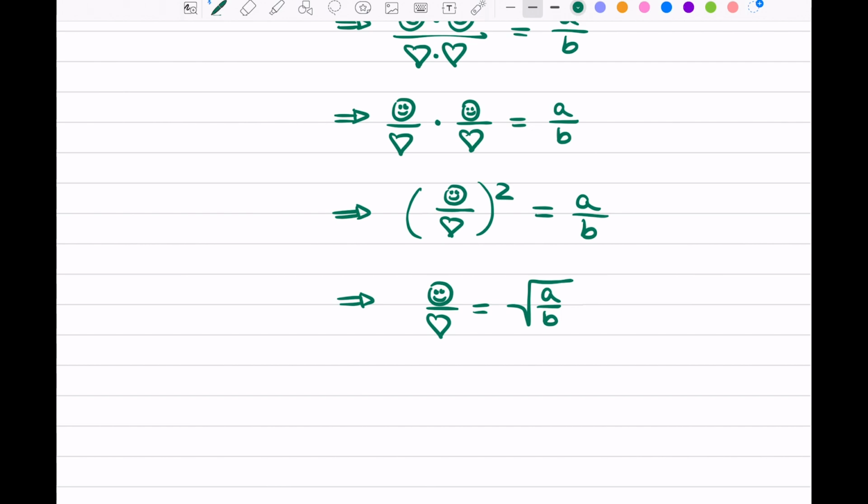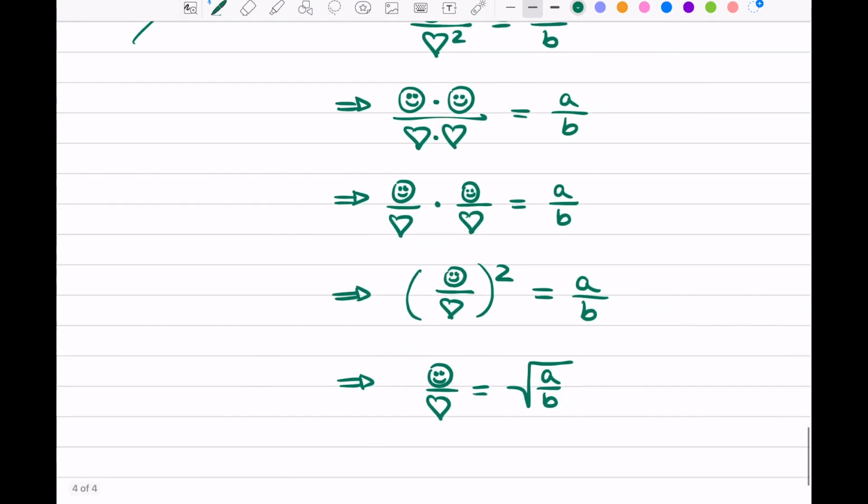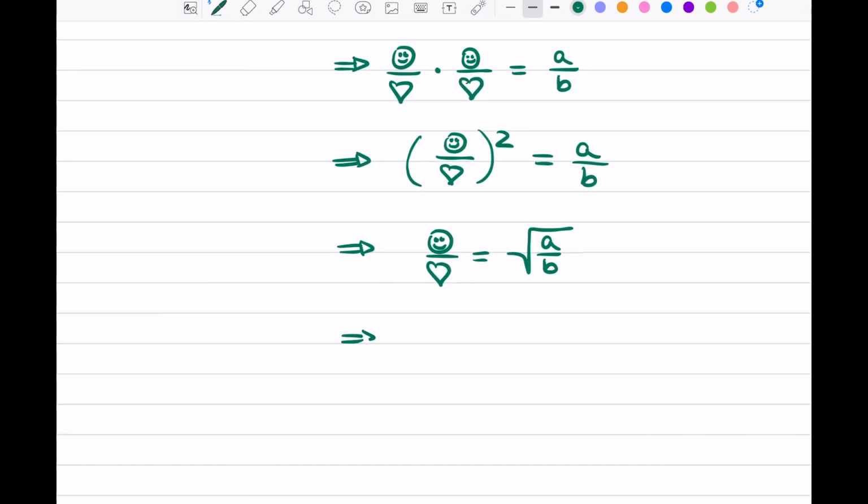And now we just have our smiley face and heart on the left side. Remember at the beginning, we said our smiley face and heart are equal to square root of a and square root of b. So we can substitute that in. So we have the square root of a divided by the square root of b is equal to the square root of a over b. And that's our division rule.